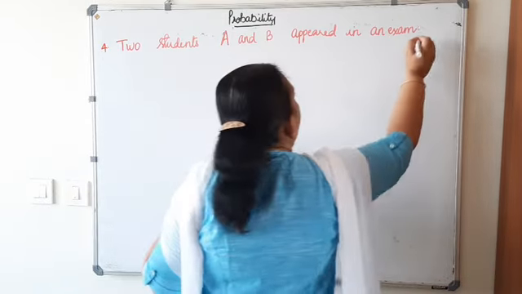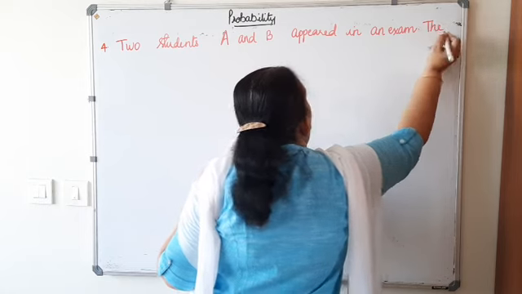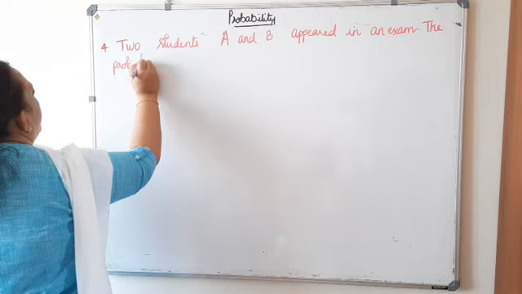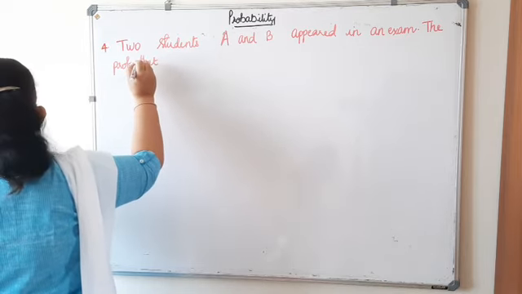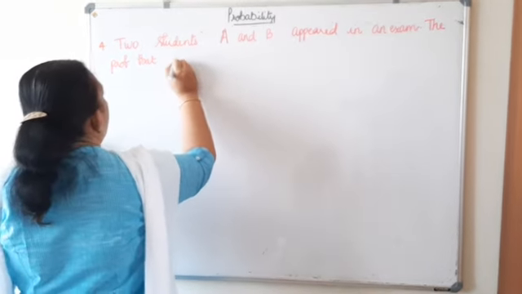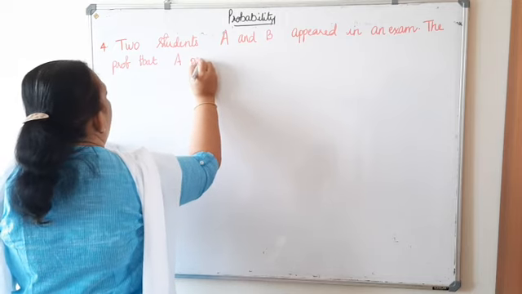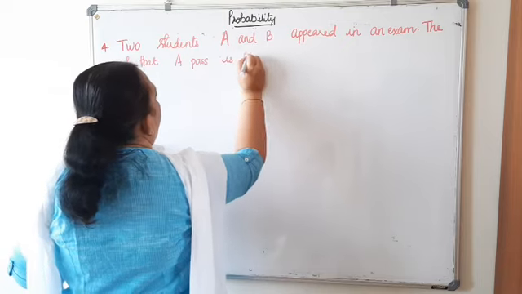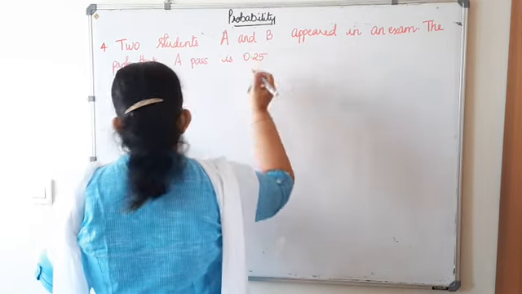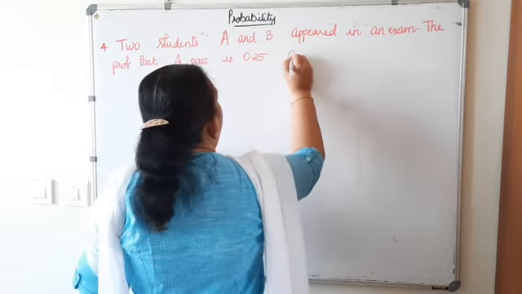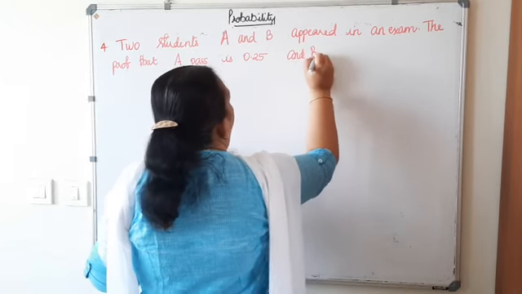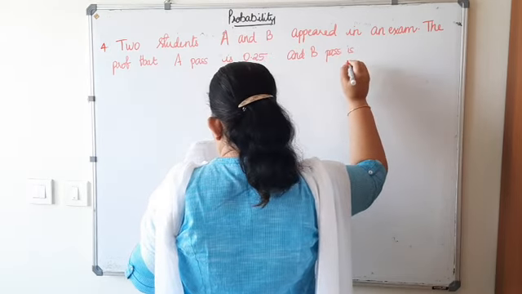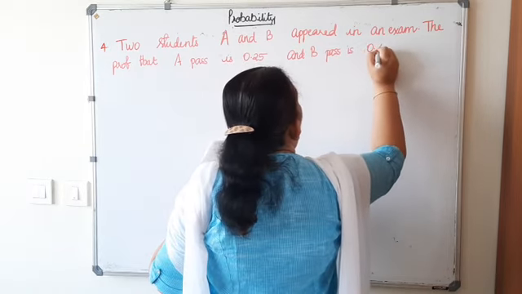The probability that A passes is 0.25 and B passes is 0.45.